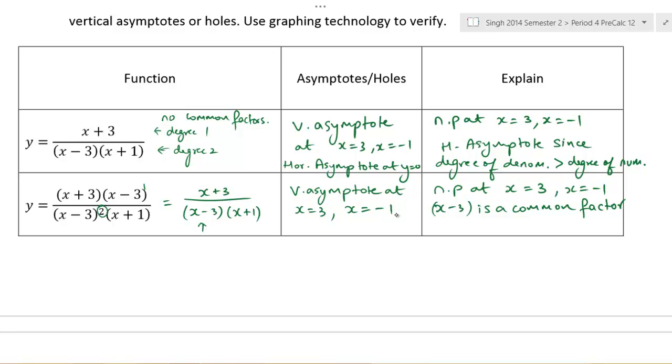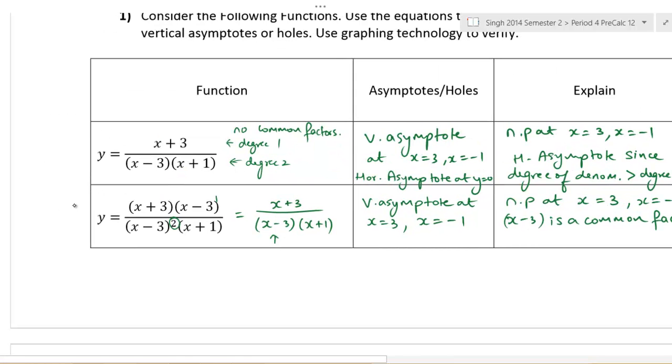What about horizontal asymptotes? Do we have any horizontal asymptotes this time? For horizontal asymptotes, you're comparing the degree of the top to the degree of the bottom. What do we know about the degree of the top? Degree is not 1, it's 2.